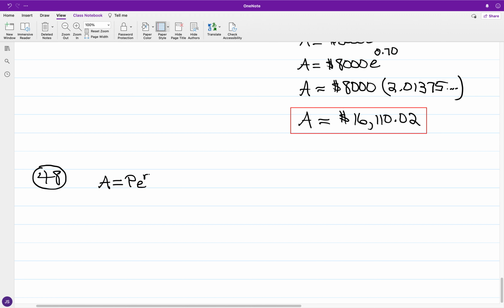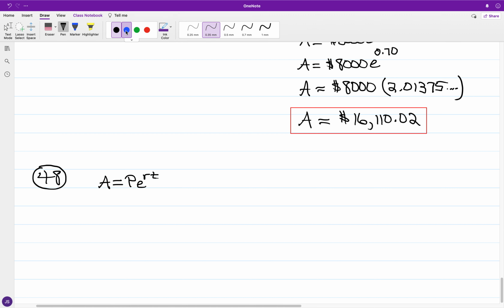So again we have P times e to the r times t. P is going to be $6,000, and the time span is 12 years. You're looking at determining what A is going to be, what is the future value?